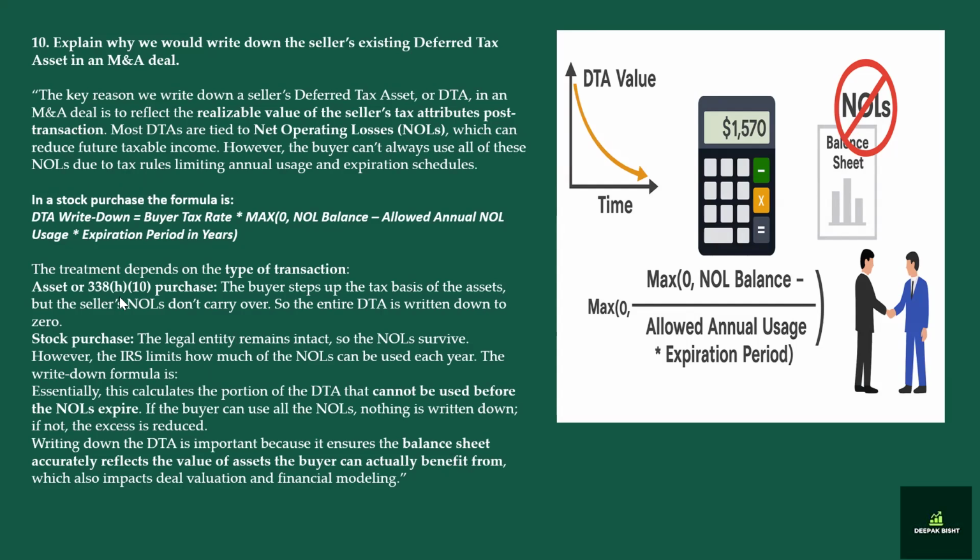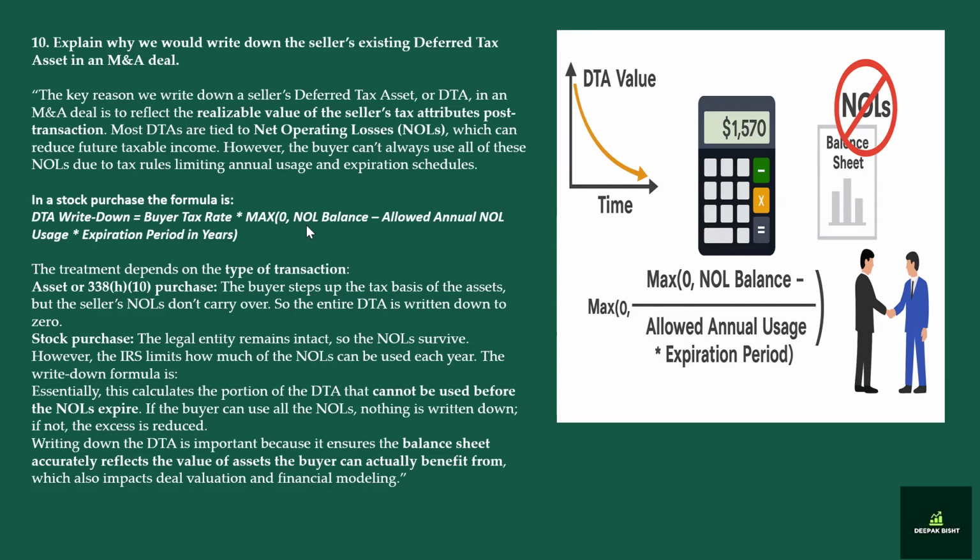If it's an asset purchase or a stock purchase transaction, in a stock purchase we will write down the DTA like this. The buyer's tax rate times the maximum of zero or the net operating loss minus the allowed annual net operating usage. If this number comes out negative, then we will use zero. And if this number comes out positive, only then we will do that.